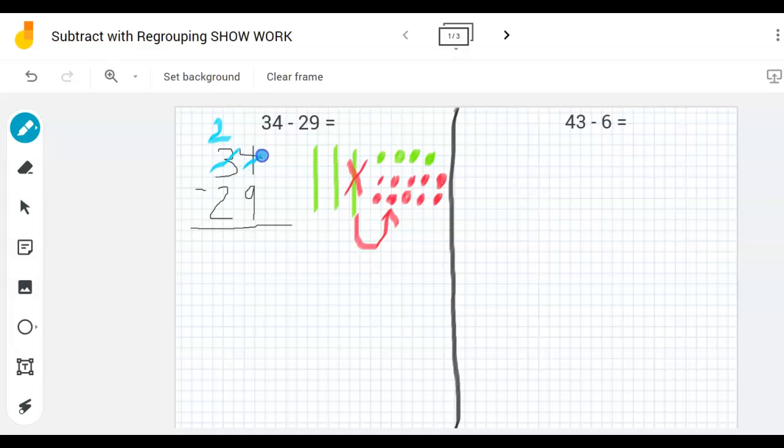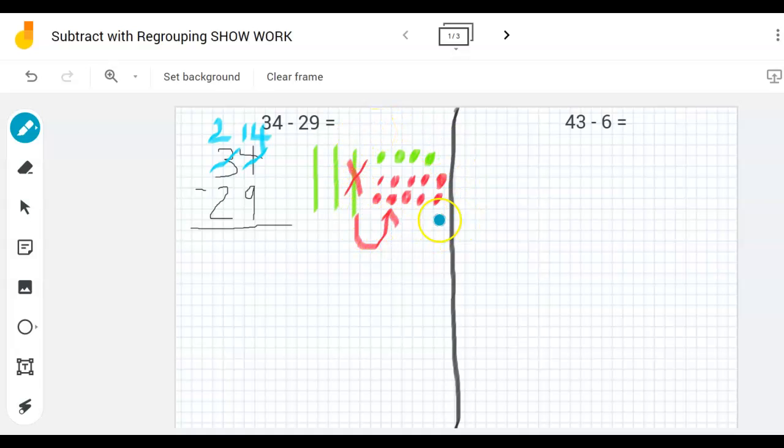So I have 4 and I'm going to add 10 to it. 10 plus 4 is 14. So now I have 14 ones, not 4 ones, 14. So let's count and make sure. 1, 2, 3, 4, 5, 6, 7, 8, 9, 10, 11, 12, 13, 14. I have 14 ones now.